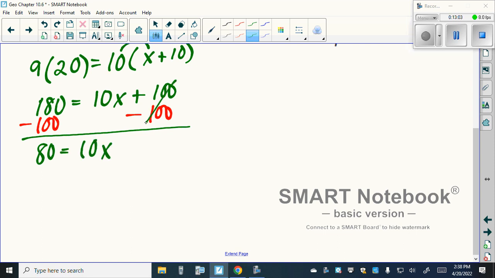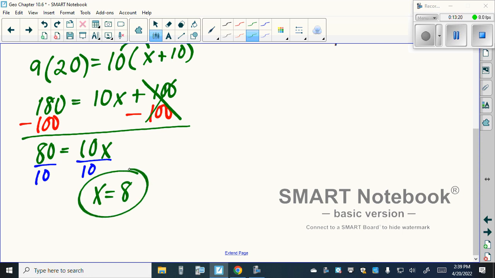Equals 10x, and our 100 minus 100 simplifies to 0. Now what do we need to do next? And that's all we need to do for this here. Any questions on this here?